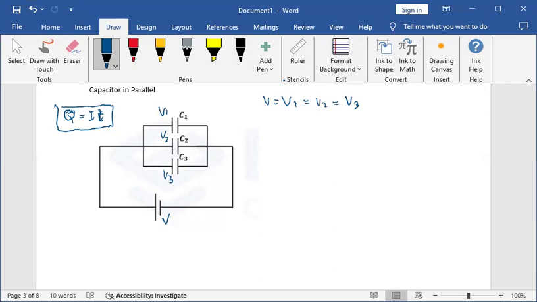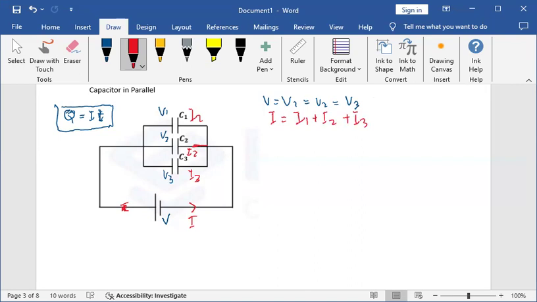In this circuit, the current I flows here and is divided into I1, I2, and I3. Based on Kirchhoff's law, I equals I1 plus I2 plus I3.